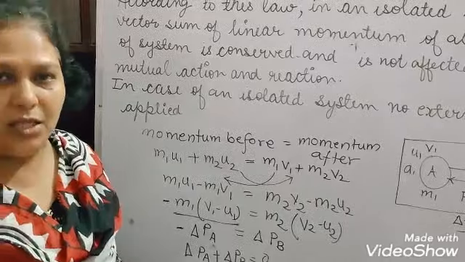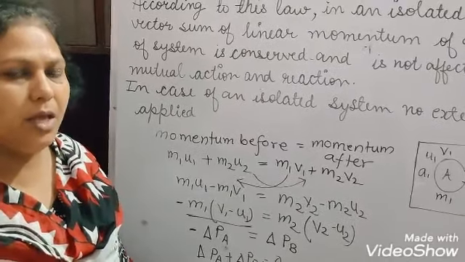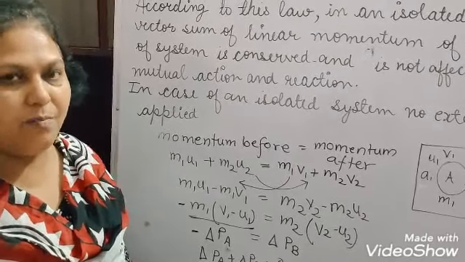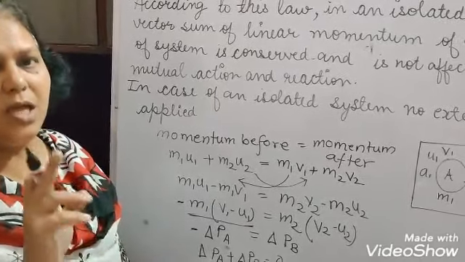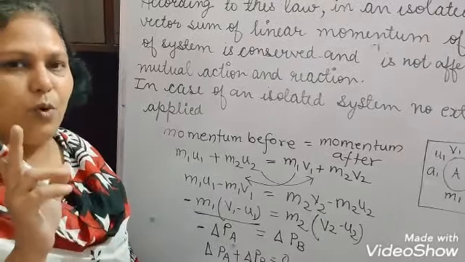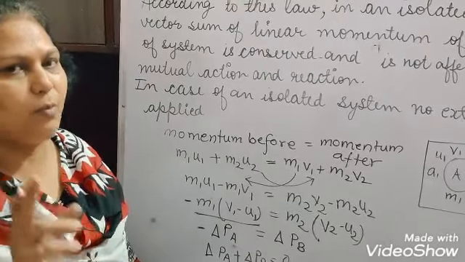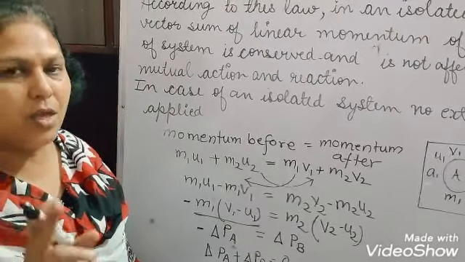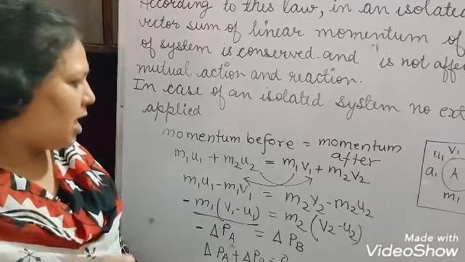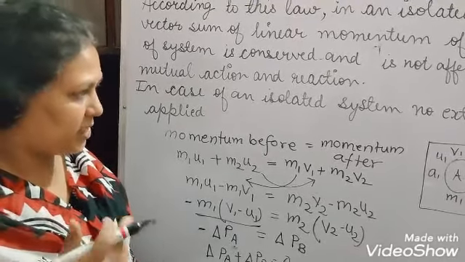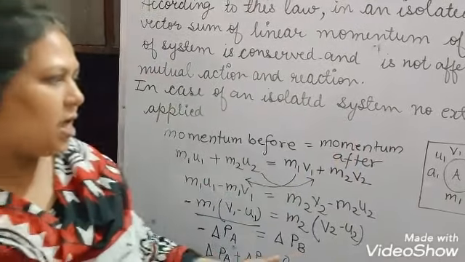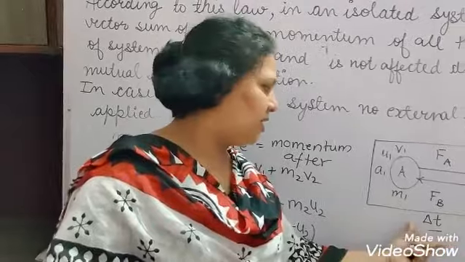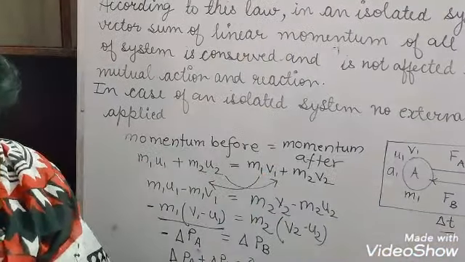That means the change in momentum in body A and body B, or you can say in this isolated system, is 0. Change in momentum is 0, that means the momentum is conserved here, because we have seen that the change in momentum will take place for this instant del t, for this duration del t.